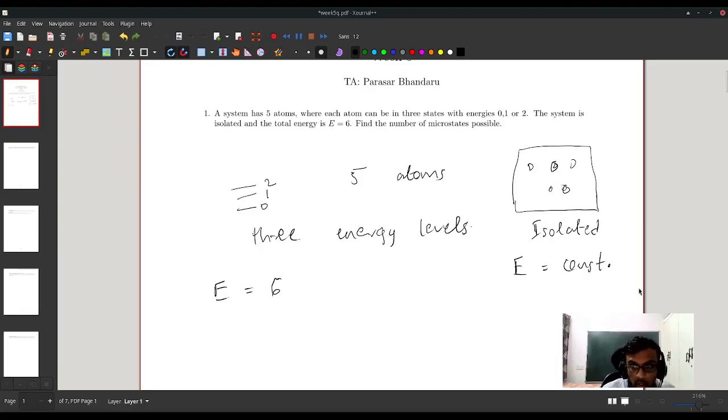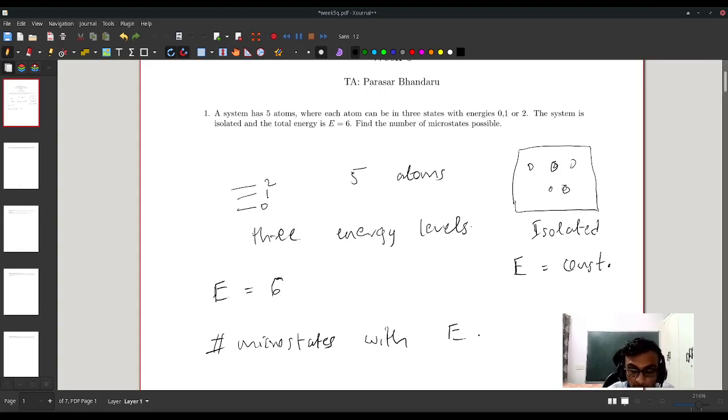So now the problem is to find the total number of microstates that are consistent with this macroscopic total energy of the system, even though it's just 5 atoms here. So the number of microstates consistent with the total energy being equal to 6.